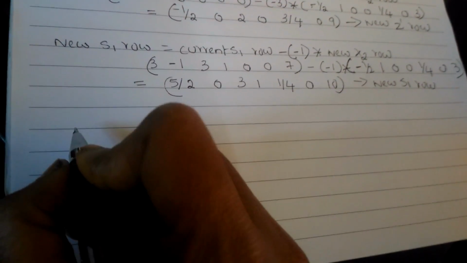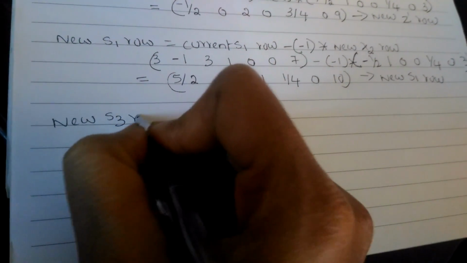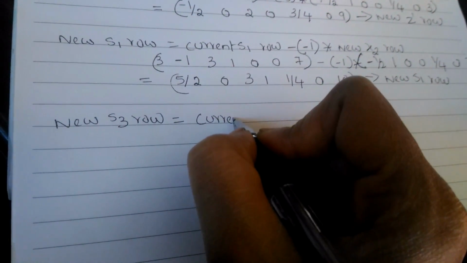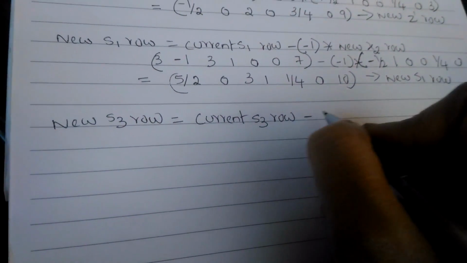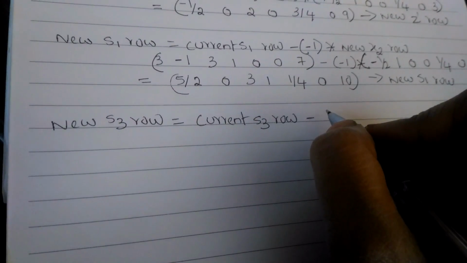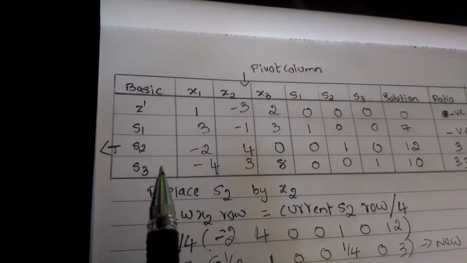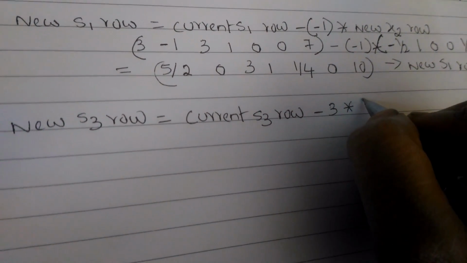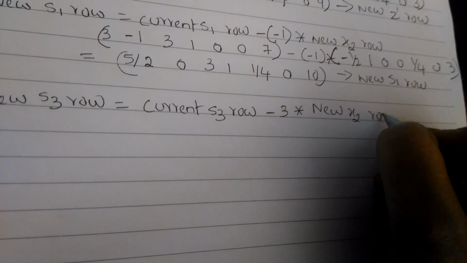Now for the new S3 row. The same formula: current S3 row minus of its pivot column value. The pivot column value for the S3 row will be 3, so this will be minus 3 multiplied by the new x2 row.